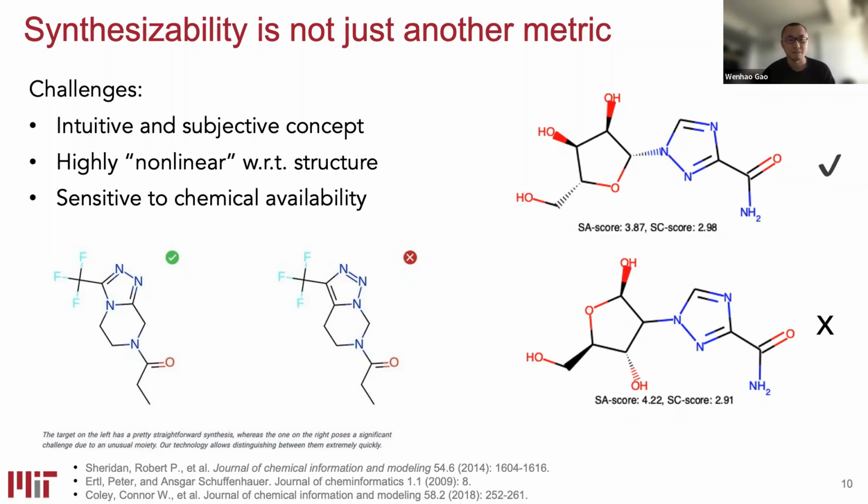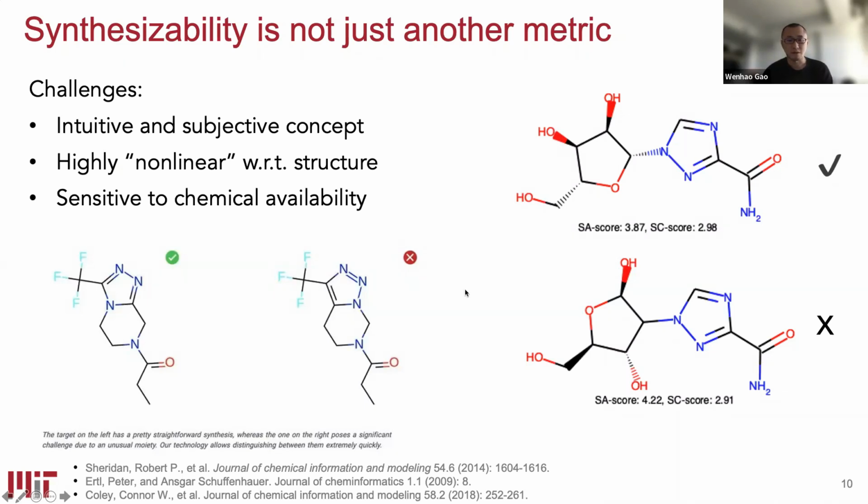And because chemical reactions have residual selectivity, even changing the position of a functional group, like here from this position to this position, or just an atom's position in a ring, can largely affect the hardness of the synthesis.